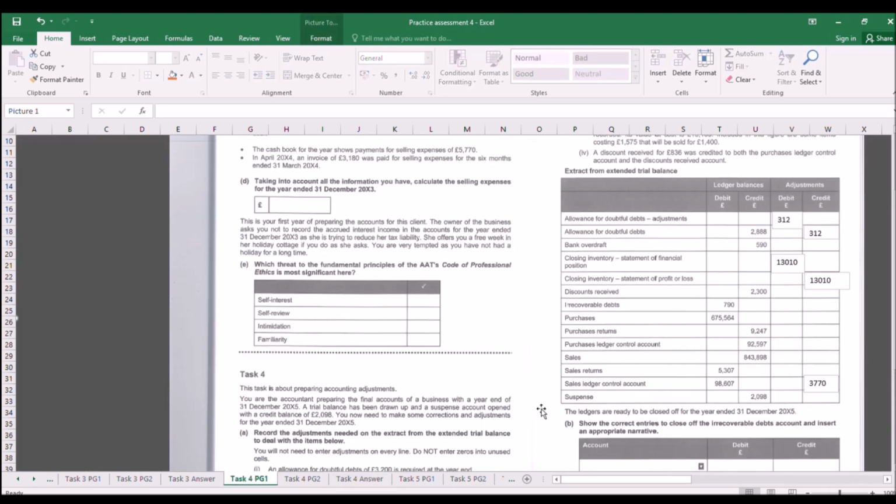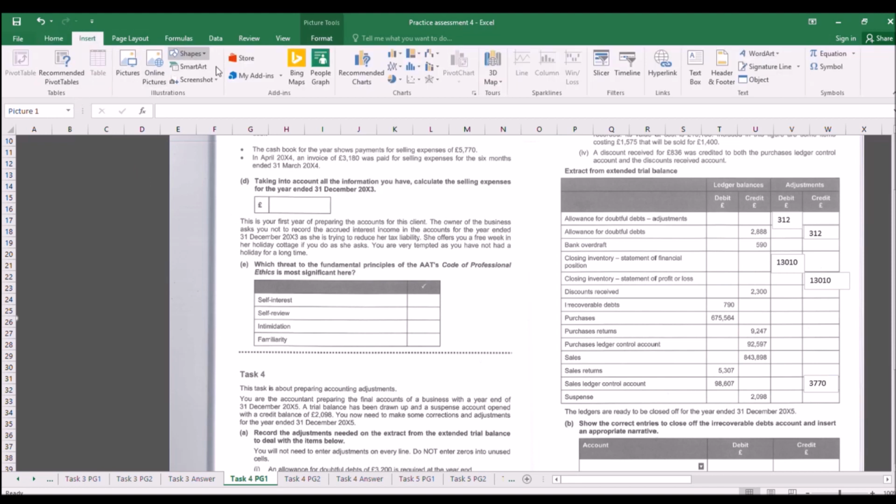So our discounts received is going to be 830. It was fine, wasn't it? It's the purchase ledger control account that we're going to have going in there. So our suspense account, let's put another one in here. We went debit the purchase ledger control account, didn't we?